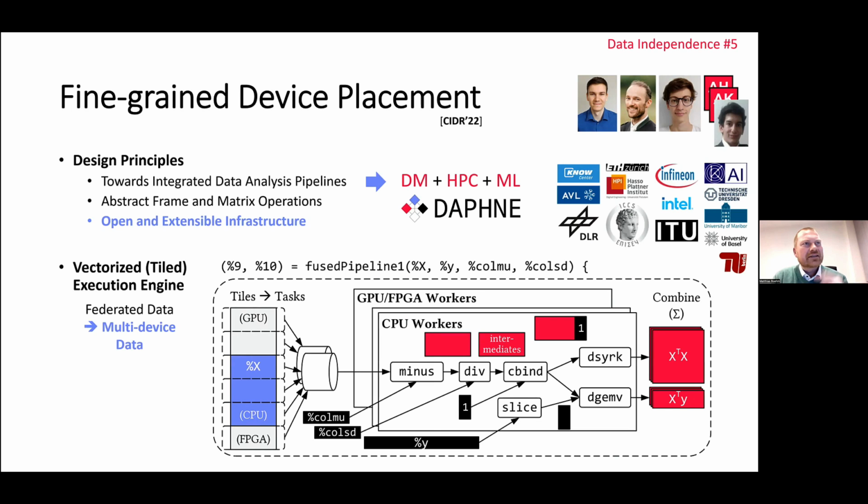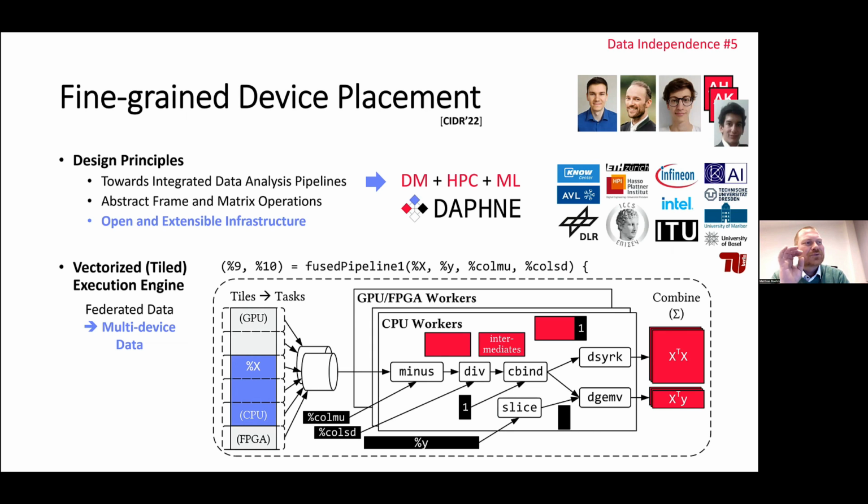And interestingly, the concept of federated data that I introduced nicely generalizes to heterogeneous devices as well, where we place parts of a larger data frame or matrix onto multiple devices. Then, similar to vectorized query execution as pioneered in MonetDB X100, we take tasks for individual row partitions and stream them through fused operator pipelines.